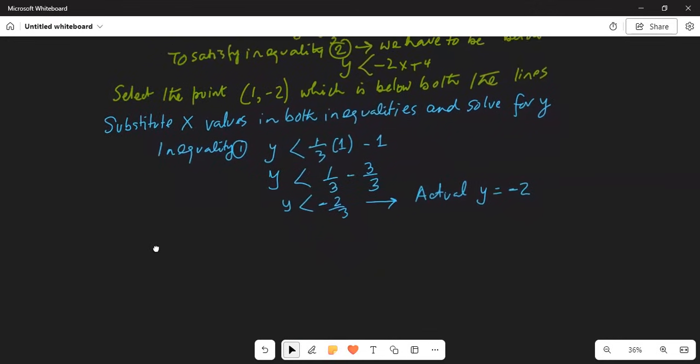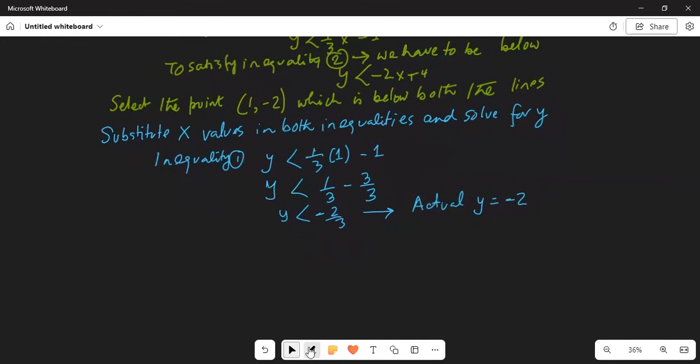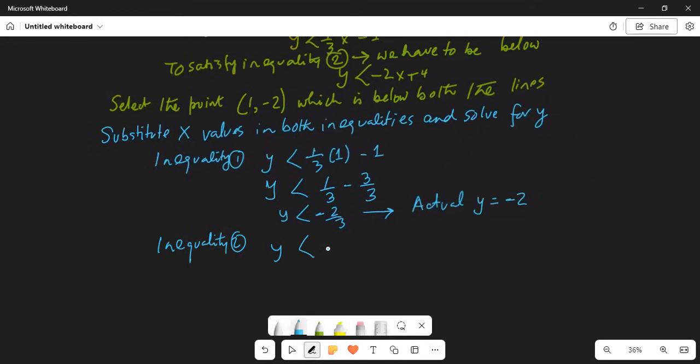Inequality 2: y is less than minus 2x plus 4. So y is less than minus 2, x is 1, plus 4.